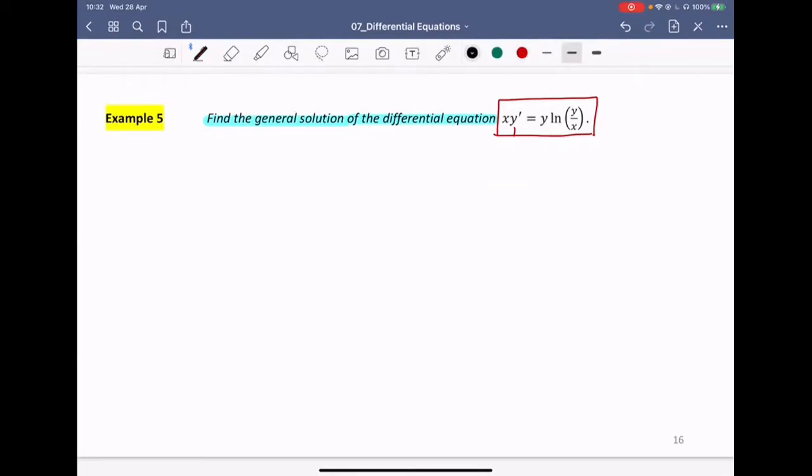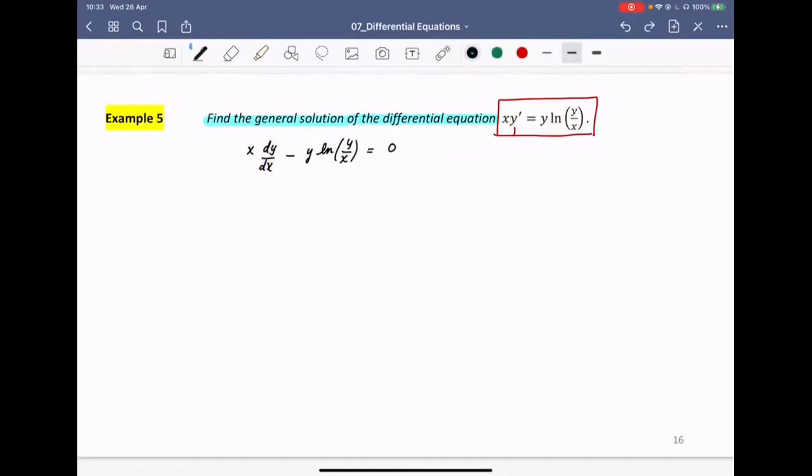So you're going to simplify it. First of all, you get x dy by dx minus y log y over x equal to 0, right? I simplified a little bit. I replaced y prime by dy by dx, and I moved y log y over x to the left hand side. Nothing fancy.